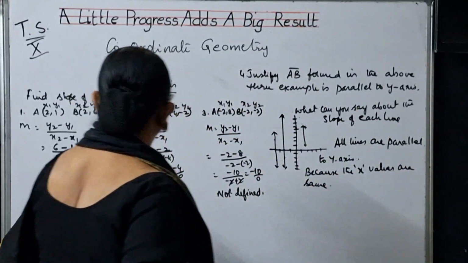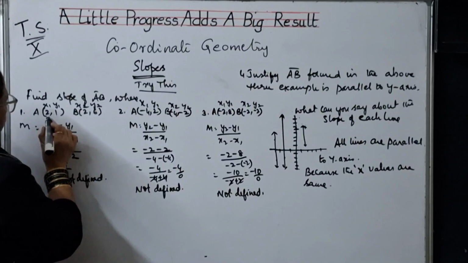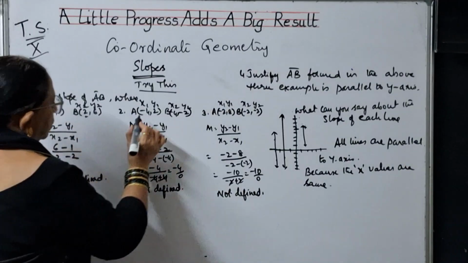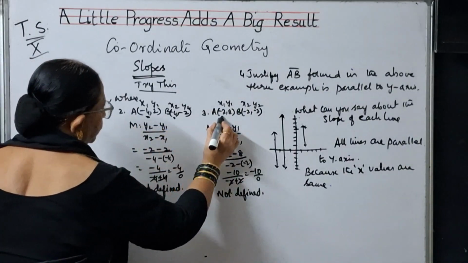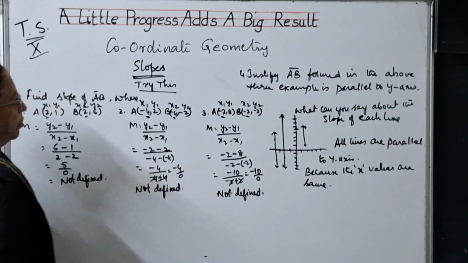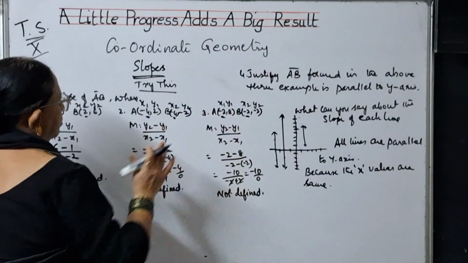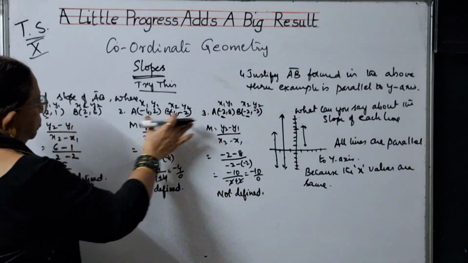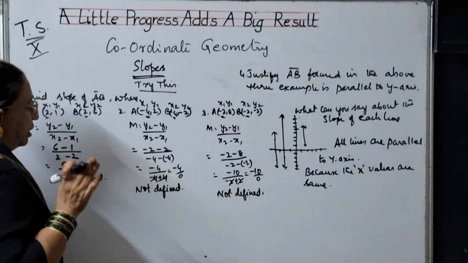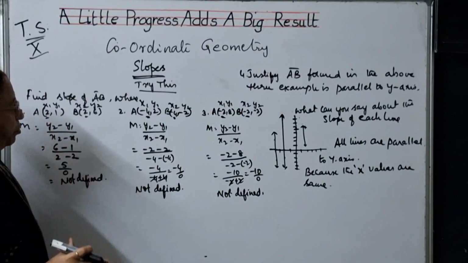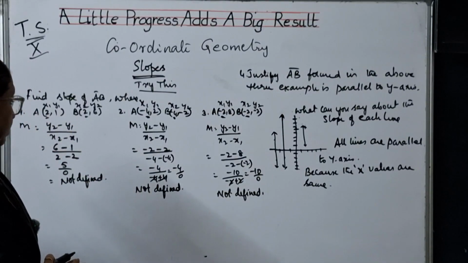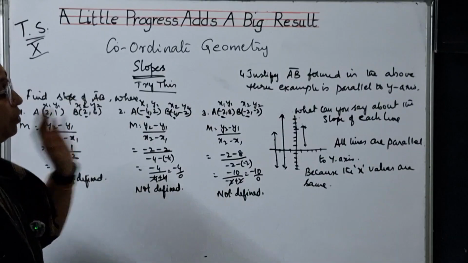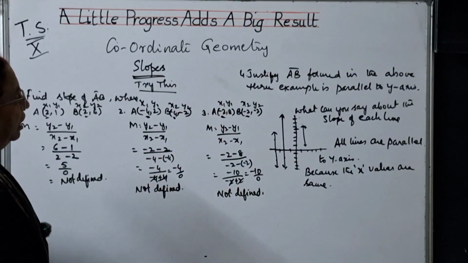See children, here you see, here x is 2, here also x is 2, here minus 4, minus 4, minus 2, minus 2. So when you are getting this kind of ordered pairs, you can very clearly say that the given ordered pairs are parallel to y-axis. How are they parallel? I have shown.